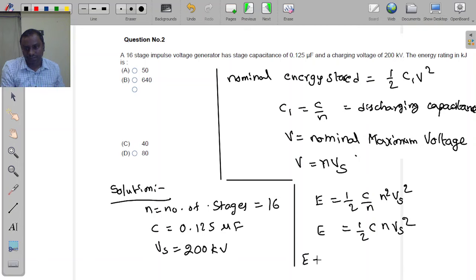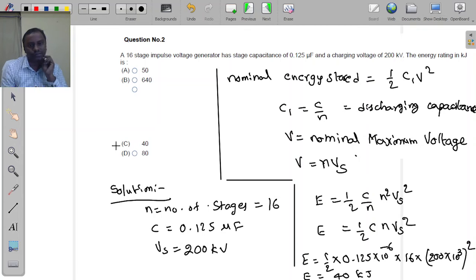When you substitute these values, of C will become 0.125 microfarad into n, which is 16, into Vs, which is 200 kilo, whole square. Now this E becomes 40 kilojoules. So the answer will be option C.